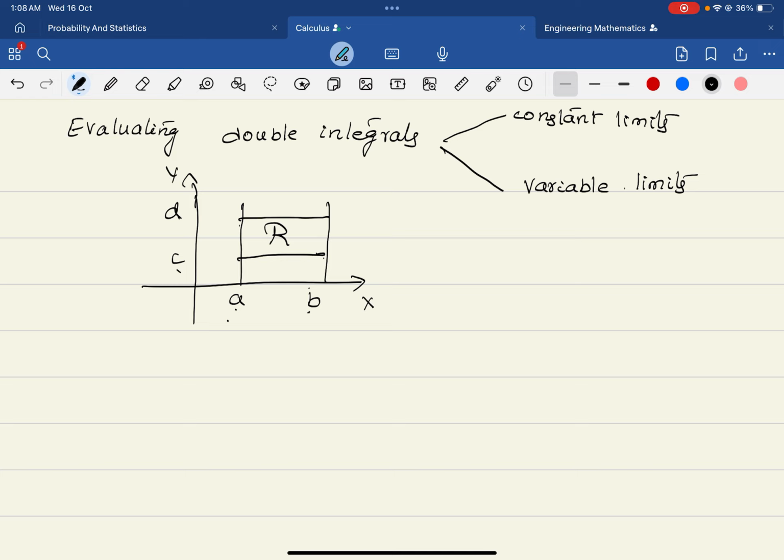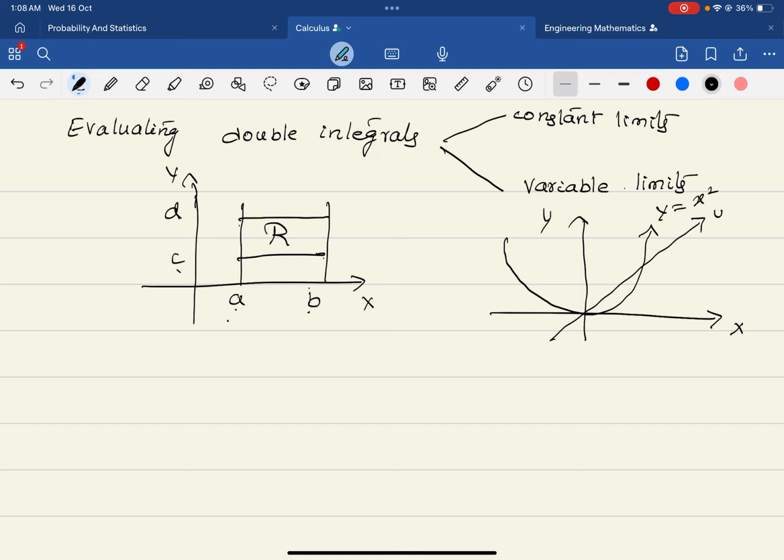Variable limits means when two functions are defined, let us say there is a straight line and there is a parabola, y is equal to x square, and this is y is equal to x. Now we want to see the region between these two curves.